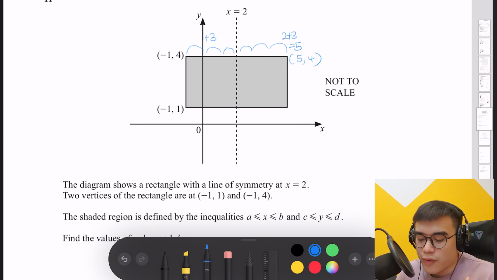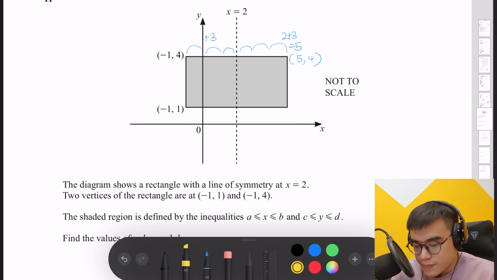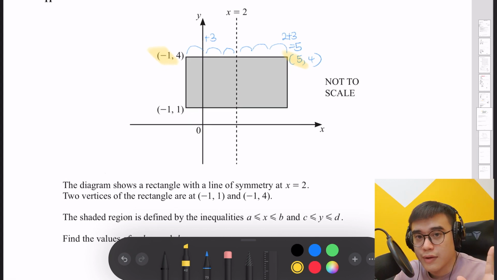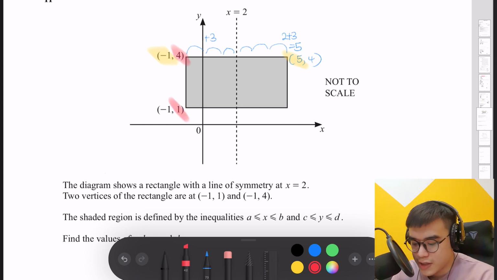With this information, I can label all my A, B, C, D already. I colored them in yellow so that I can show you more clearly, whereby for 4 and 1 on the y section, I'll be putting them in red.